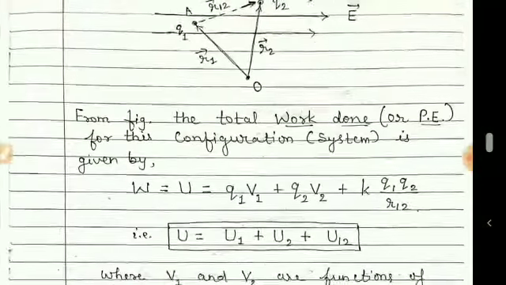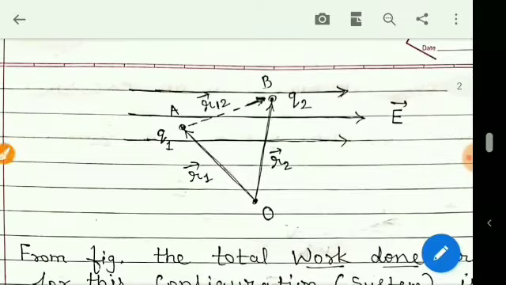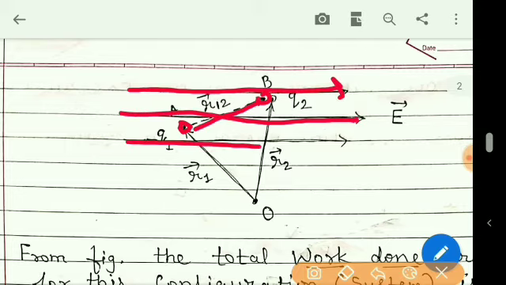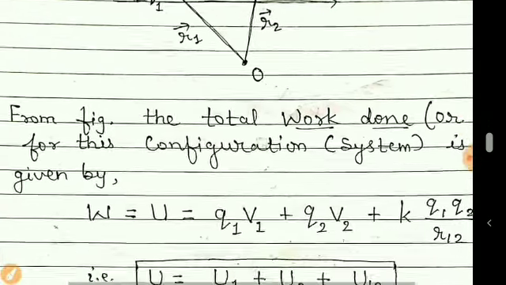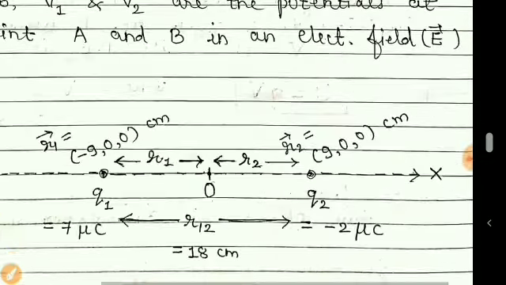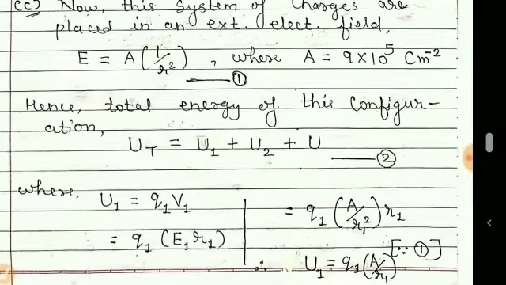You can see here there is a system of two charged particles separated by some distance, and this system is again kept in an electric field, and for that the potential energy is obtained. So this we have already studied. So even in this example we have to apply the same concept. So now let us start.